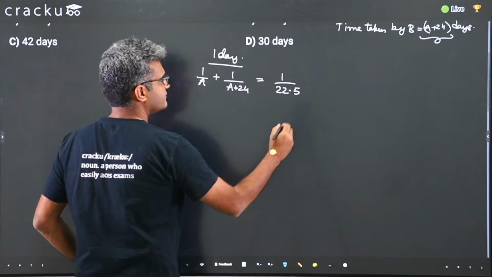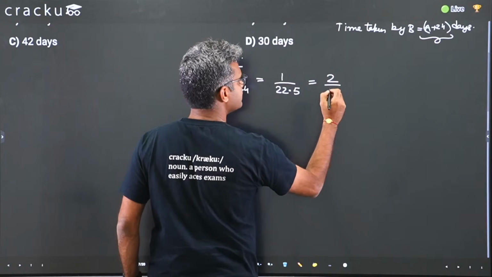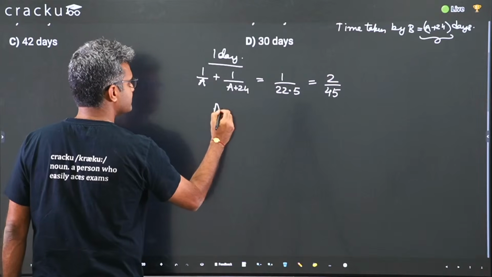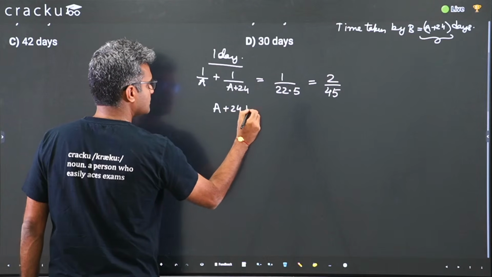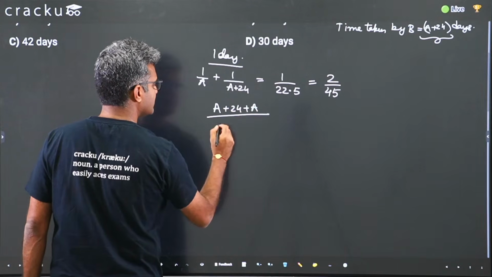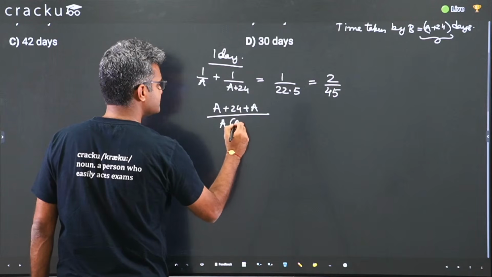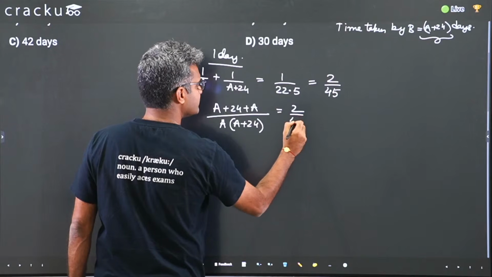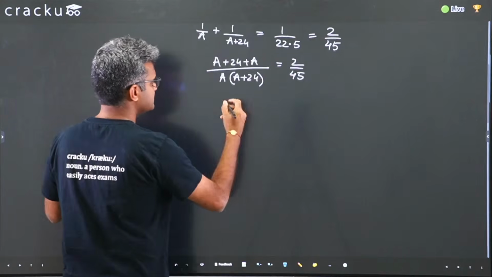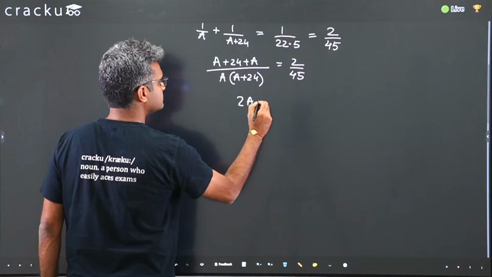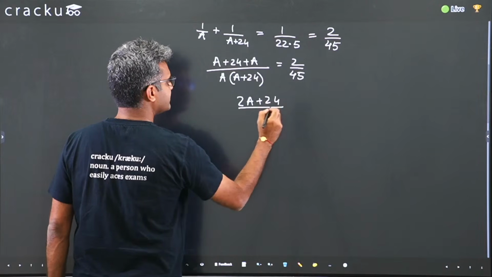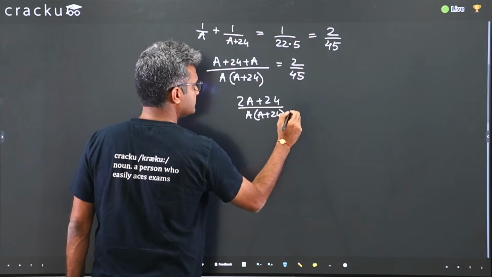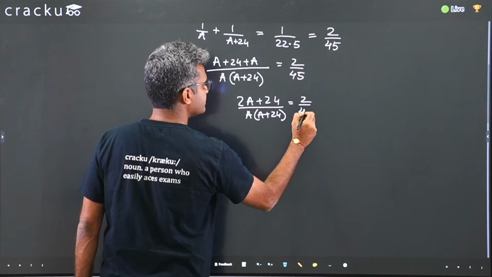1 by 22.5, if you are simplifying it, is 2 by 45. So this is A plus 24 plus A divided by A into A plus 24 is equal to 2 by 45. This is 2A plus 24 divided by A into A plus 24 is equal to 2 by 45.